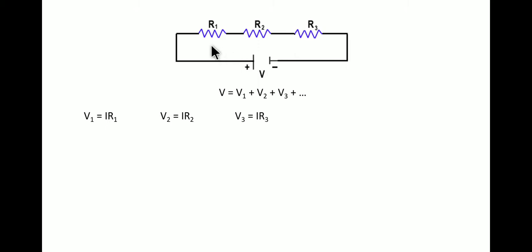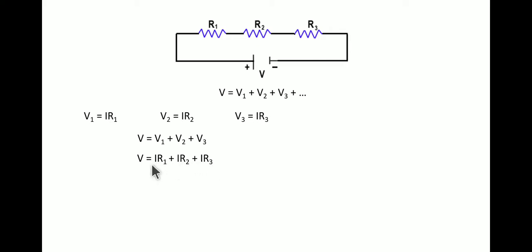Now, if you take the case of only the three resistors, then we have V is equal to V1 plus V2 plus V3. Replacing the values of V1, V2 and V3 as IR1, IR2 and IR3, we get V is equal to IR1 plus IR2 plus IR3, where I is the common term in all these three terms.